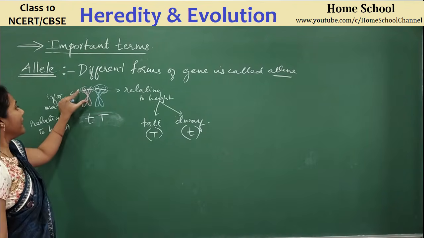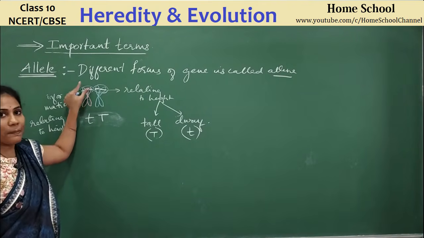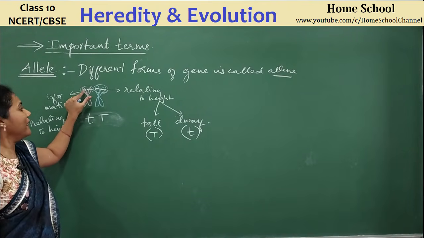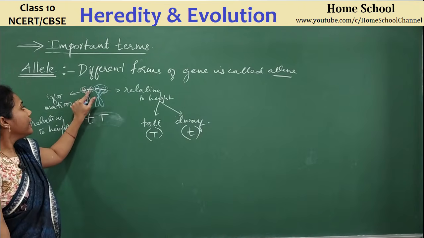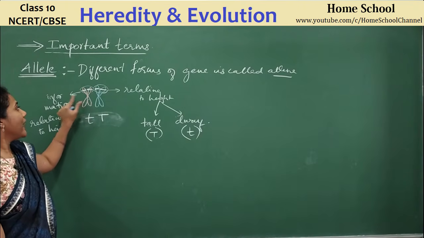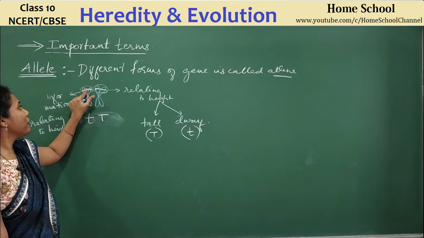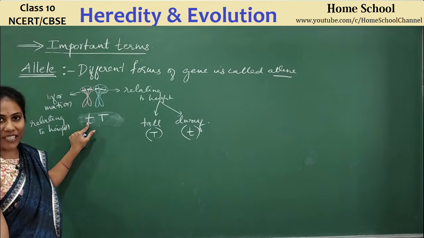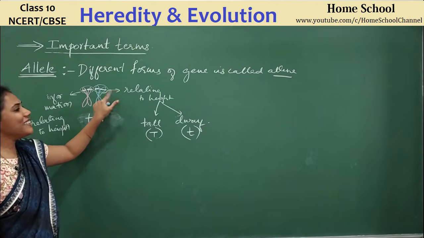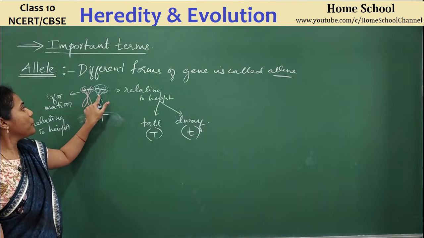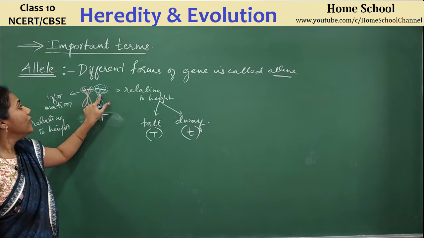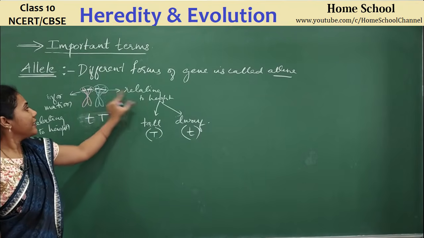That is small t, I will write. So this might have come from mother. Actually, the mother may be a shorter mother. So this particular area is relating to height, and this height has information relating to dwarfness. Whereas the father is maybe a taller one. That's the reason the chromosome that has come from a father, this particular area is relating to height, right?